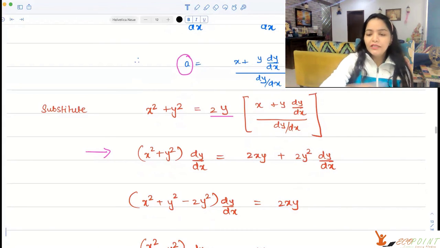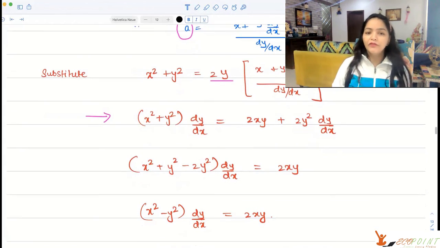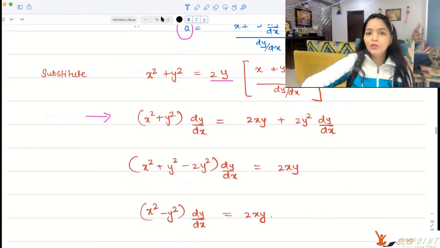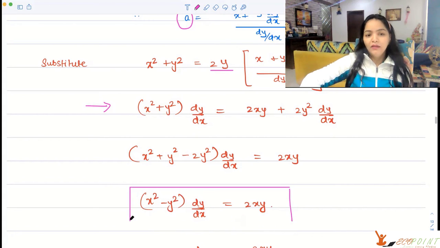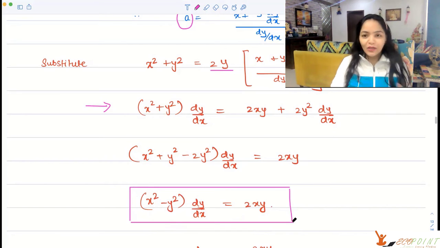You can take dy by dx, everything one side, and you have the differential equation x squared minus y squared dy by dx equals xy, where you cannot see the parameter a anywhere, right? So this is the differential equation which is being satisfied by all the circles in this family. This is what a differential equation is all about.